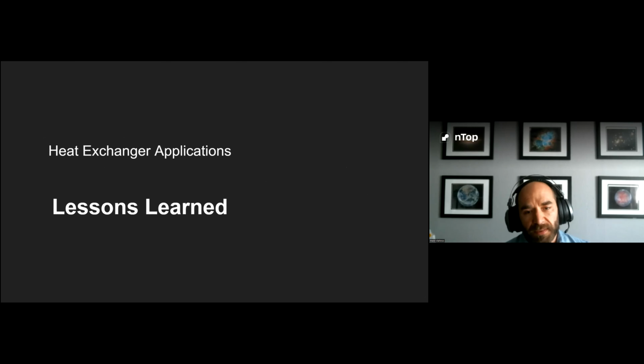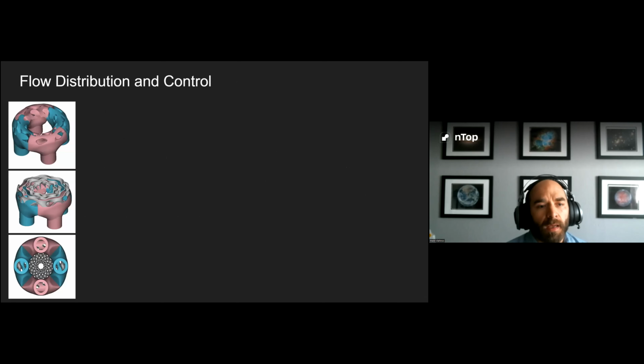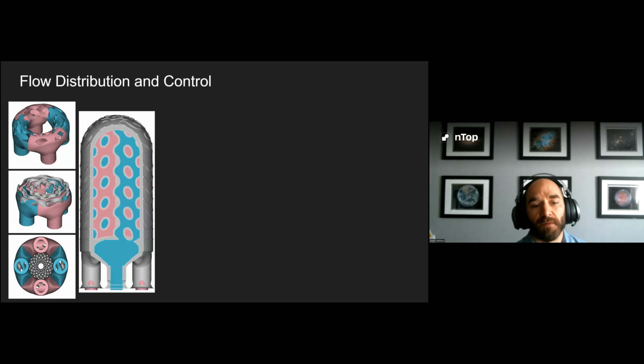A couple lessons learned. These are very important. Flow distribution and control. The biggest one that we've learned over the few years is how we shape the plenum, or the transition region into and out of the heat exchanger core. This does a few things.